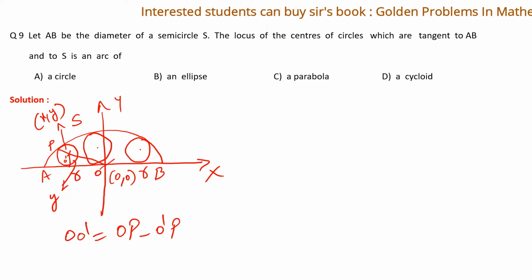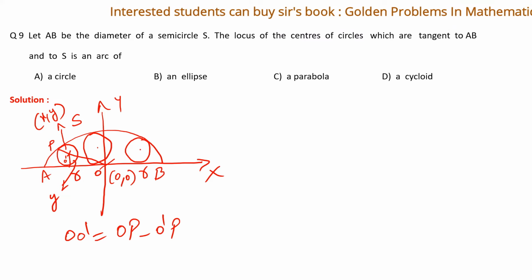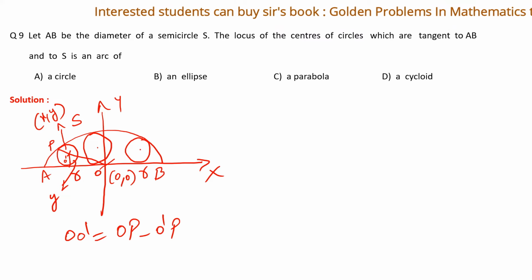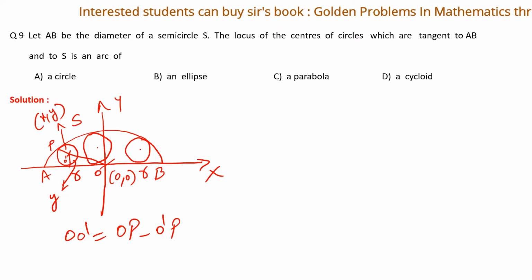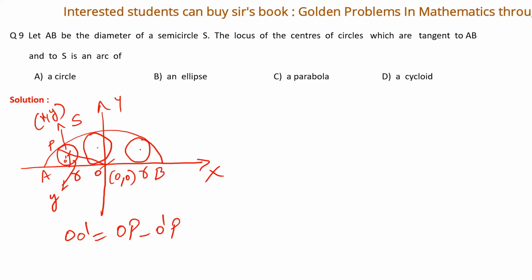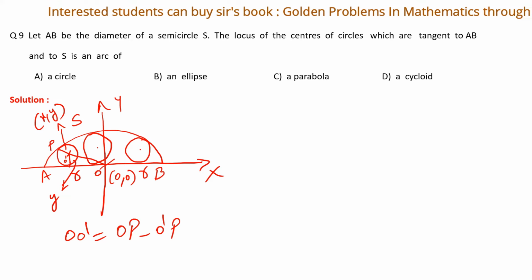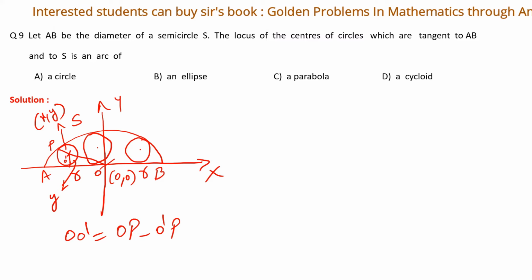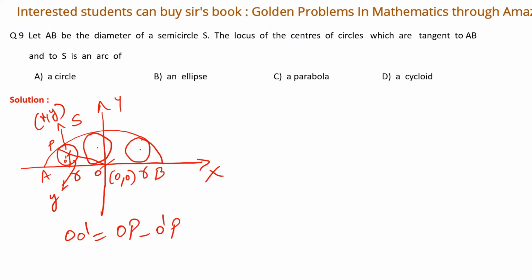That means the radius of this particular circle is going to be y, because I assume the coordinates of the center of this circle to be x comma y. Fine. So y will be the radius for this circle.